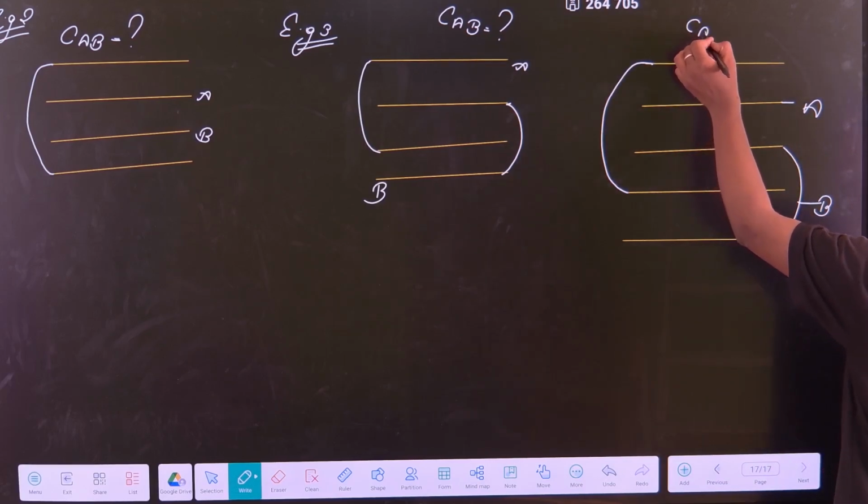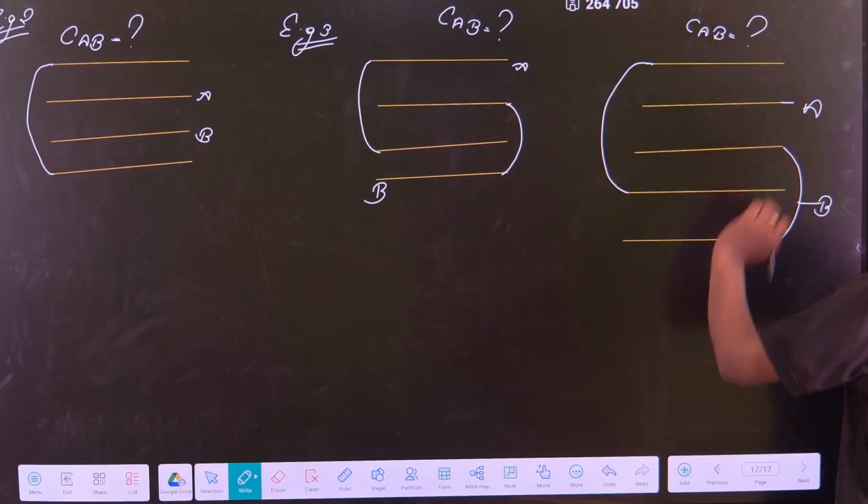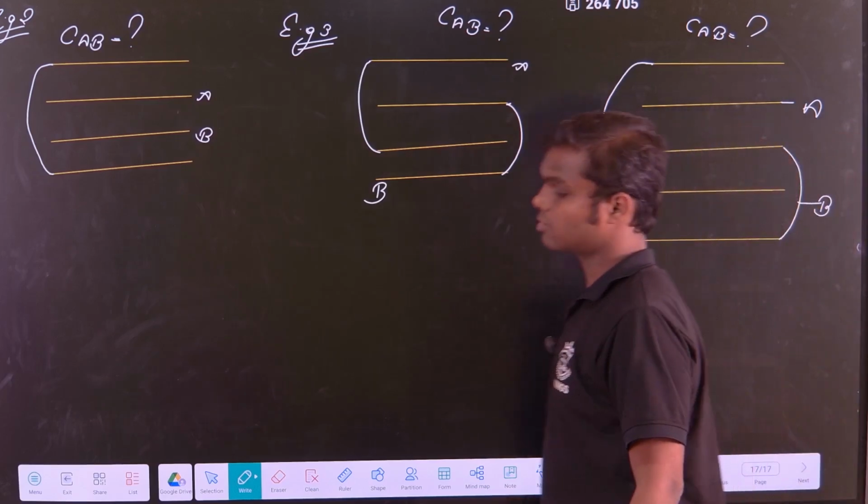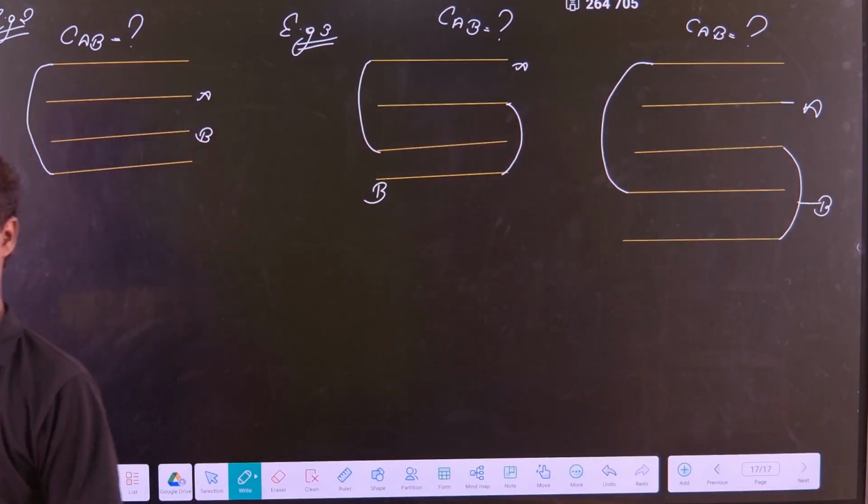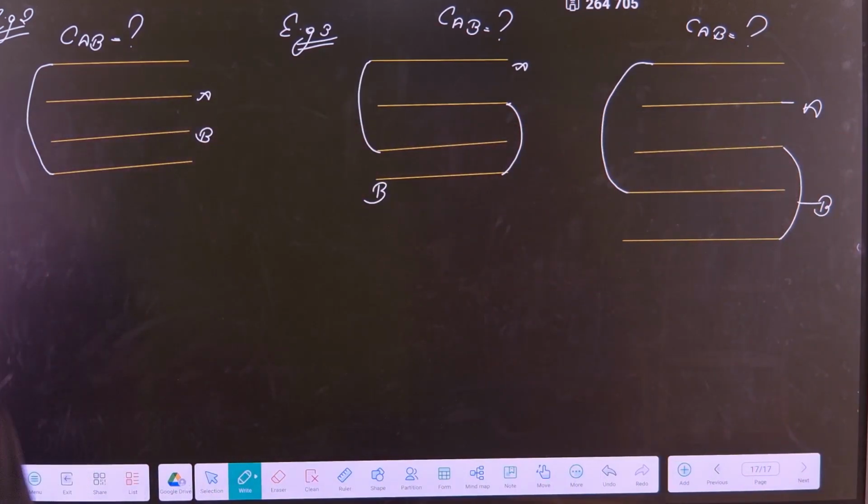It remains the same, you have to calculate C. Now do the calculation for this and tell me what is CAB. I have given you 3 questions, just do it.